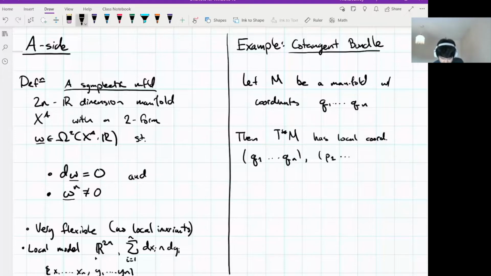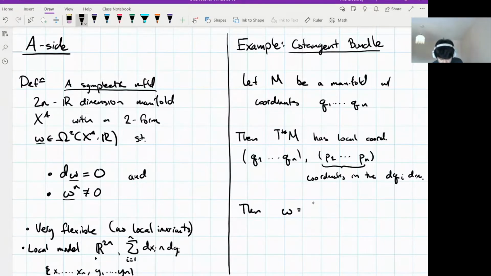So these are the coordinates in the dqi directions. Then if I take omega to be equal to the sum of dqi wedge dpi, i equals 1 to n, I get a symplectic form. So I get a closed non-degenerate 2 form.